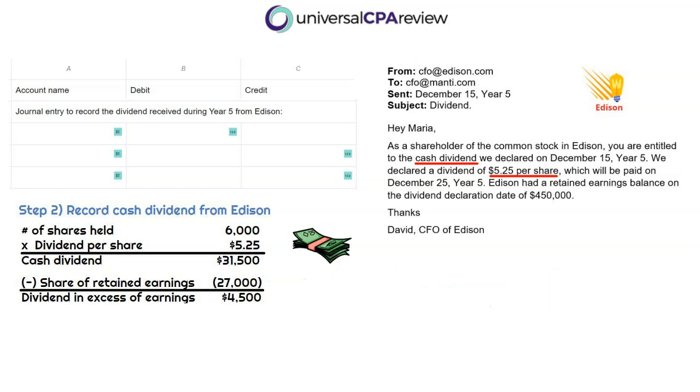So if we subtract the $27,000 from $31,500, the dividend they received in excess of their share of the current year retained earnings was $4,500. So the $27,000 is the non-liquidating dividend, which is recorded as dividend income. And the $4,500, which is the excess amount, is a liquidating dividend, and that's going to reduce the investment on the balance sheet.